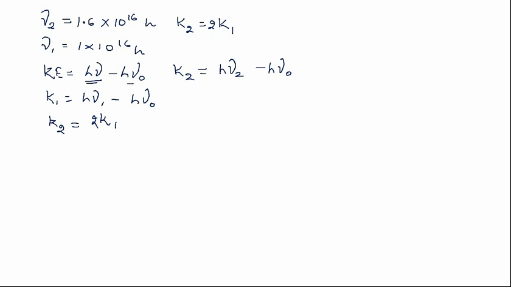K2 is equal to 2K1. Now can we equate the two? That is, K2 is h nu2 minus h nu naught, equal to 2 into h nu1 minus h nu naught, because this is the value for K1.